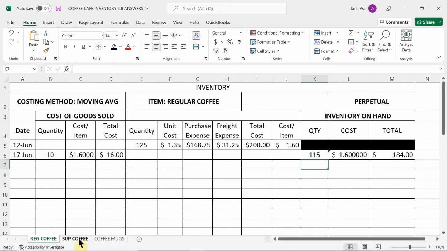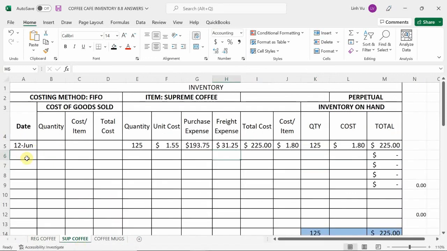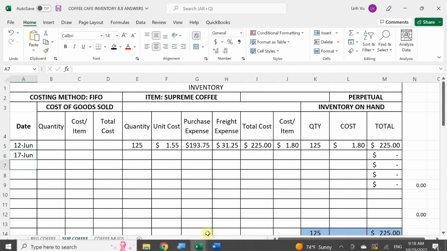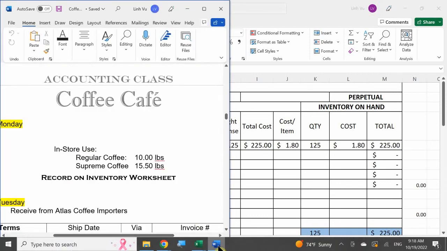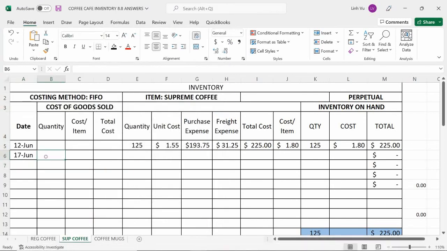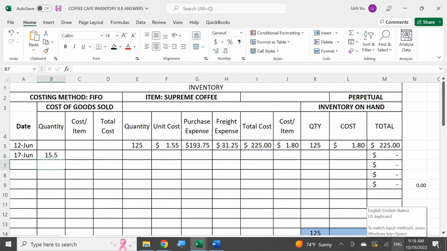What about Supreme coffee? I used how many pounds? I used 15 and a half pounds, right? Good. Now, what costing method am I using for my Supreme coffee?